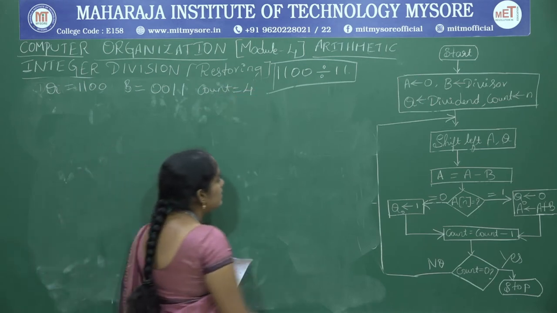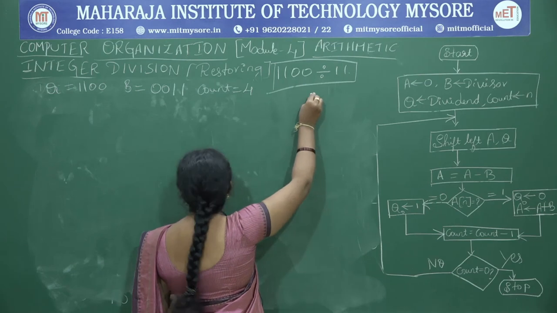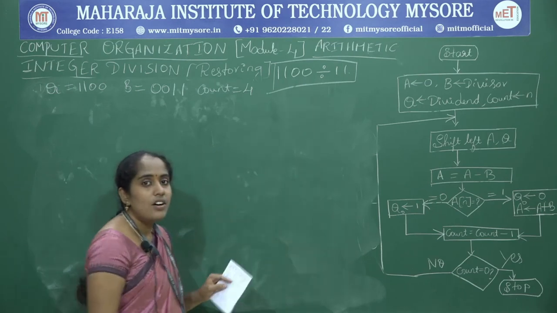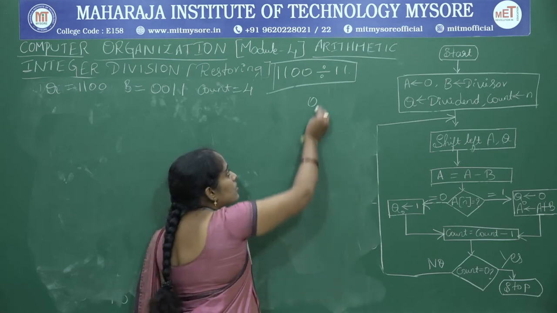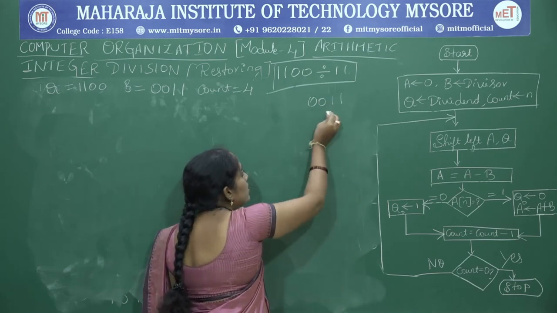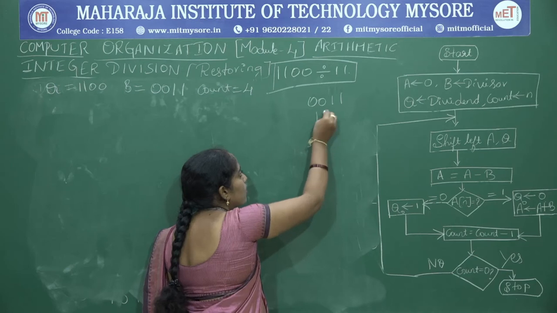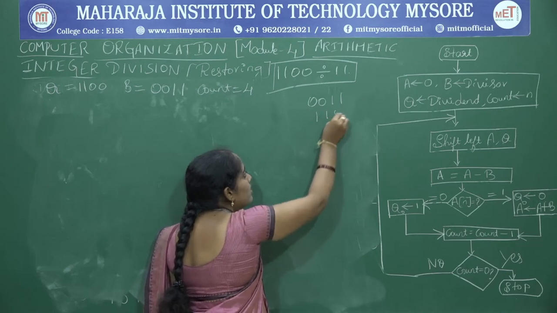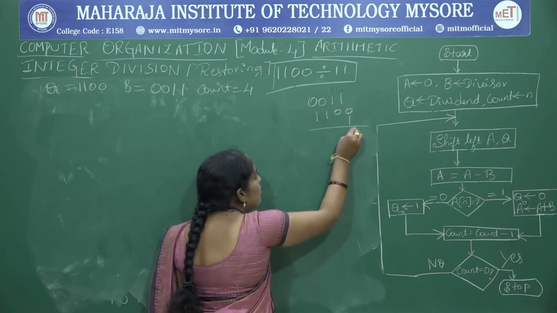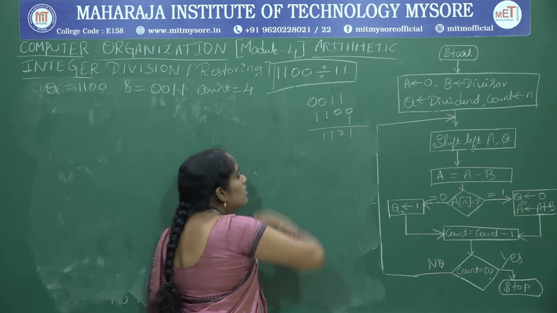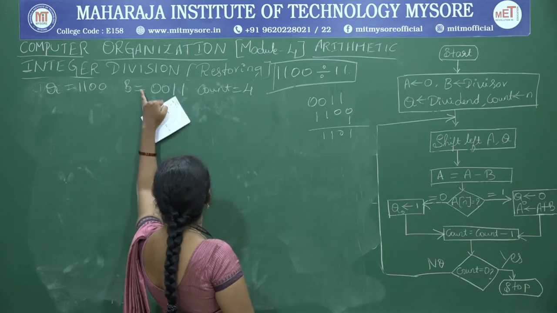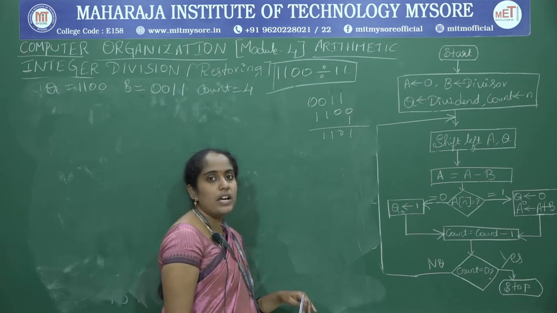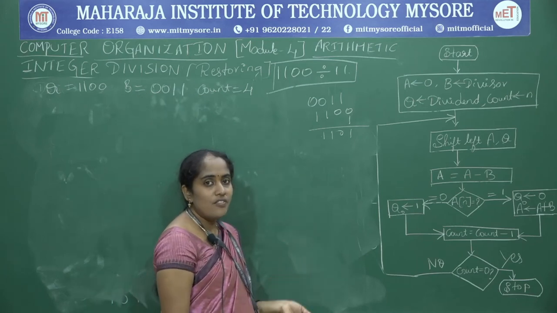Okay. So the next is you need to find the minus B value. So how? You need to take the 2's complement of B. So 0011, the 2's complement of it is 1100 and add 1, 1011. So here the dividend and divisor values contain 4 bits, but the A value contains 5 bits.